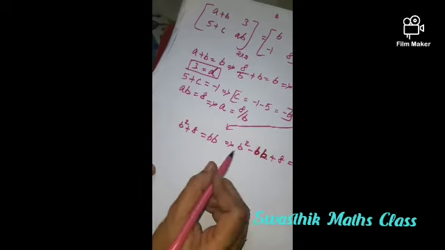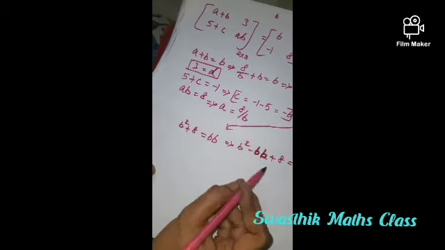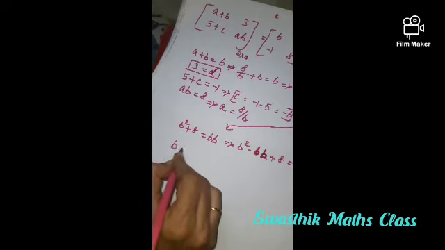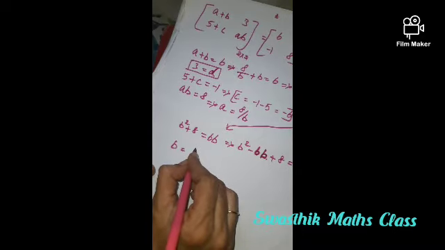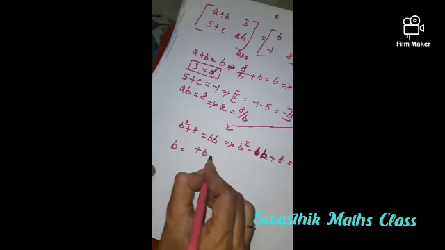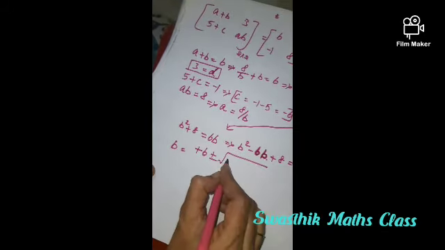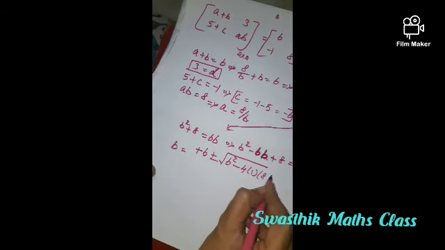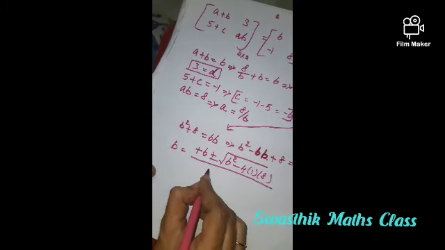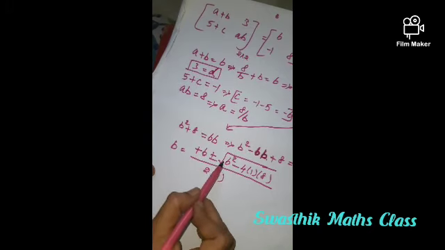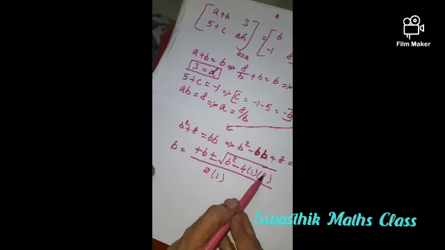As usual, by solving a quadratic equation, what is the procedure to get the value of B? B is equal to minus b plus or minus root of b square minus 4 into a into c, divided by 2a.